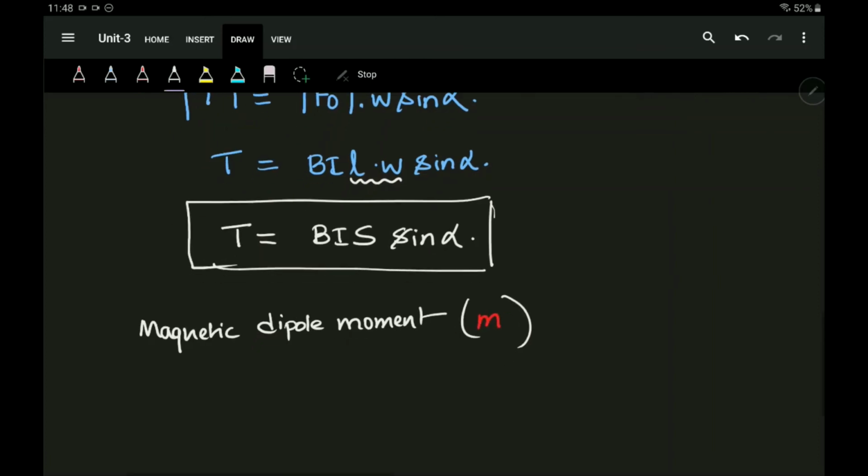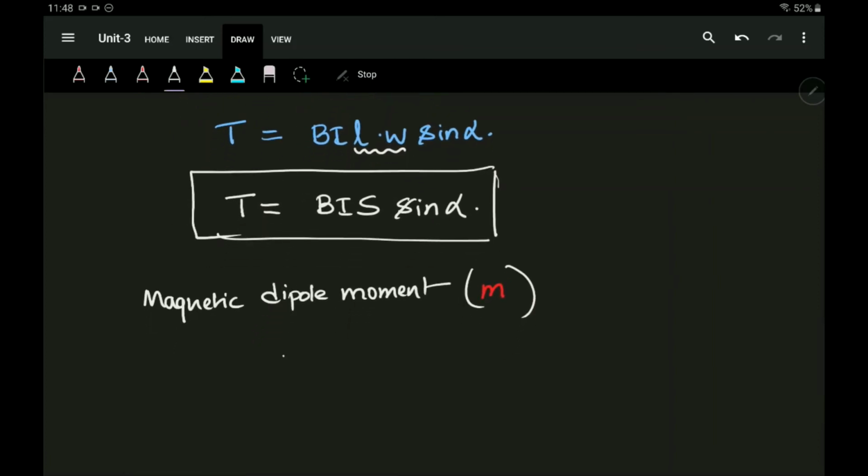I can define this magnetic dipole moment as m equal to I times S in the direction n cap, the normal vector. It is defined by the current flowing over that particular closed surface. So this is a vector again. The magnetic dipole moment is a vector.